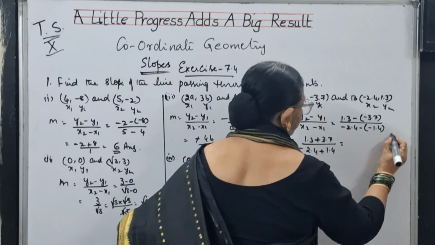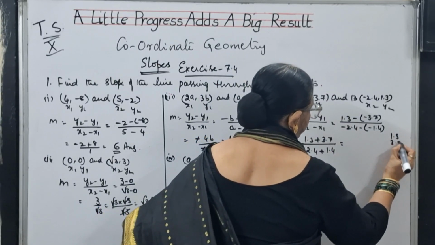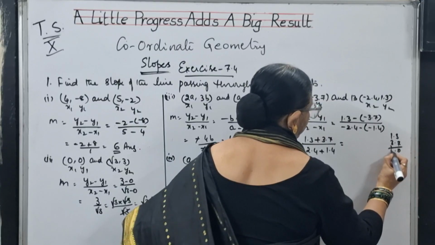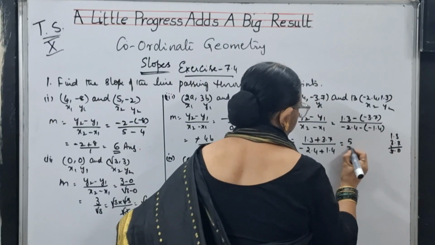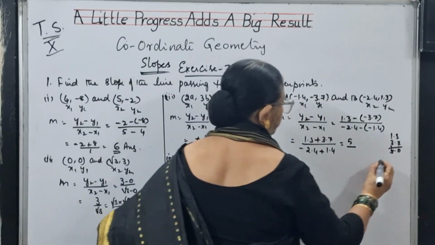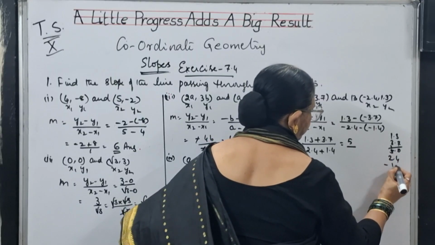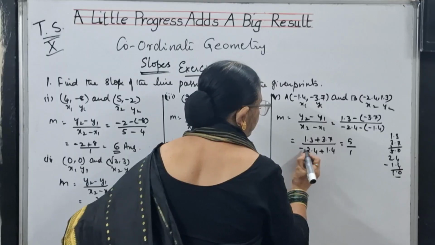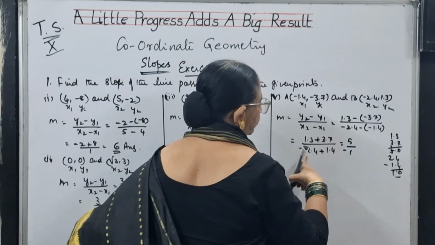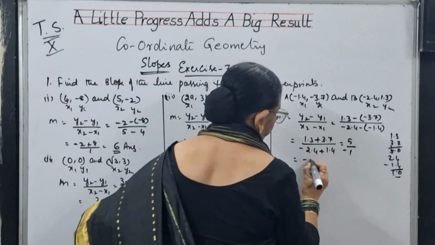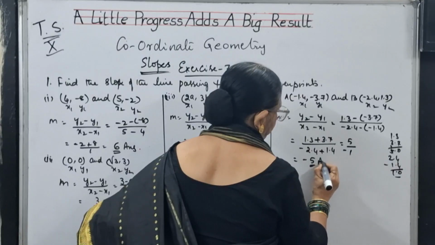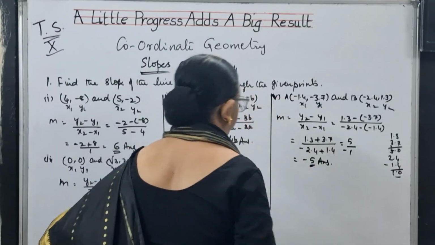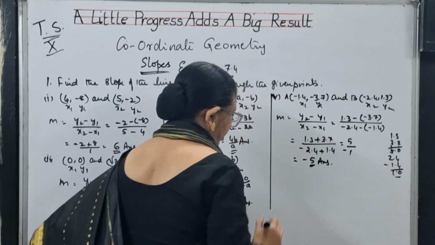So how much am I getting? 1.3 and 3.7, if you add, 5. 5 by, see, from 2.4, if you subtract 1.4, you are getting 1. And that too minus 1 because 2.4 is more. So that is nothing but minus 5 is the answer. Slope is minus 5.